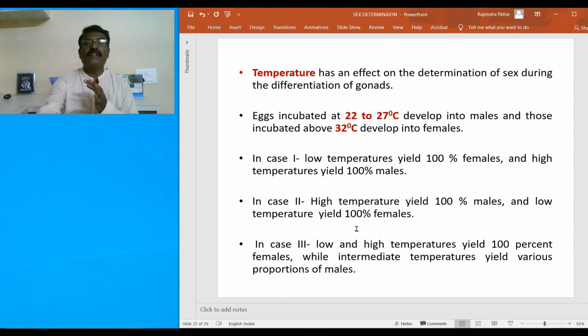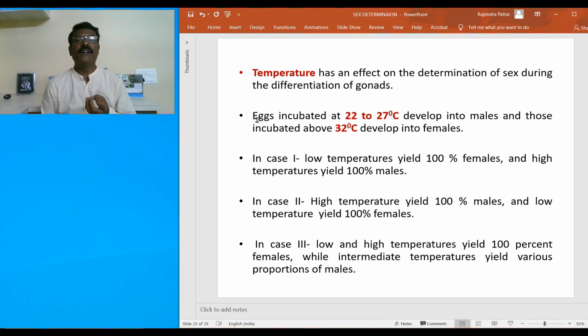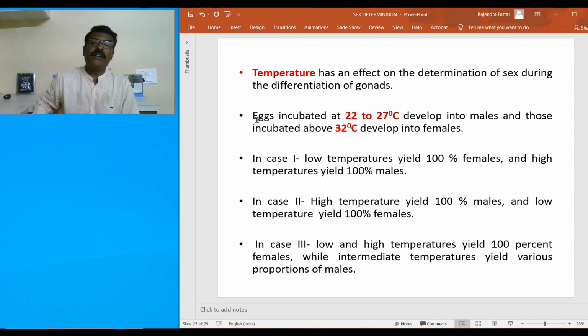Let us consider the first case, where the turtle is an example. Here, if the eggs of the turtle are incubated at a lower temperature of about 23 to 27 degrees centigrade, then they develop into males. And under high temperature, if the eggs are incubated at about 32 degrees centigrade, they develop into females.